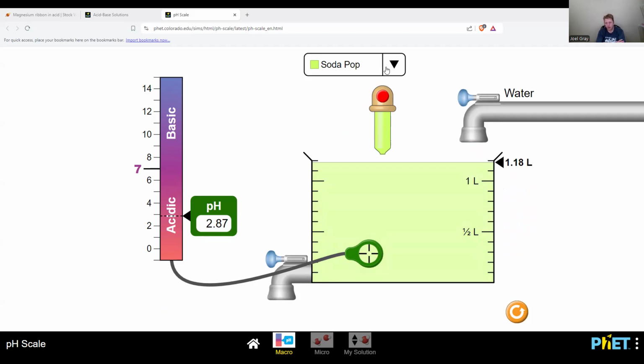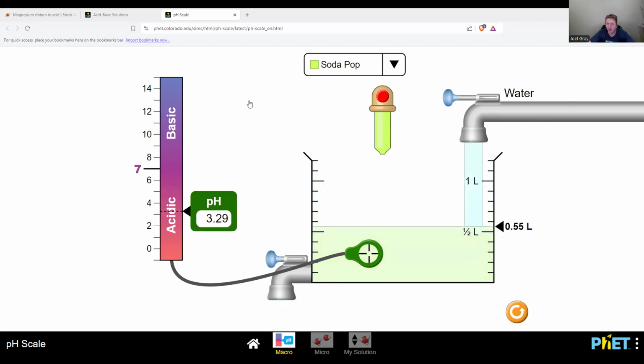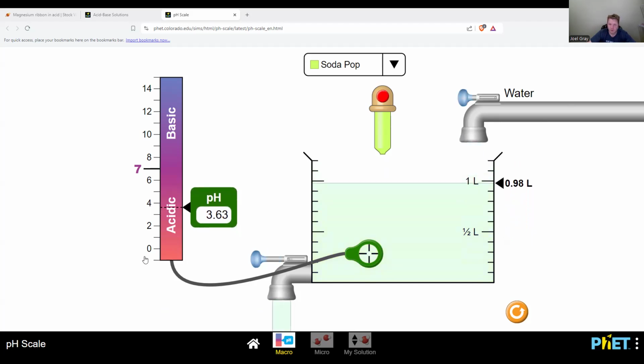Well, then you can kind of find a compromise, and say, okay, I will cut down on the amount of soda that I drink, but also I'm going to drink a lot more water. So I will add more water to basically work towards neutralizing or reducing the acidity of all of that soda pop that I'm drinking.